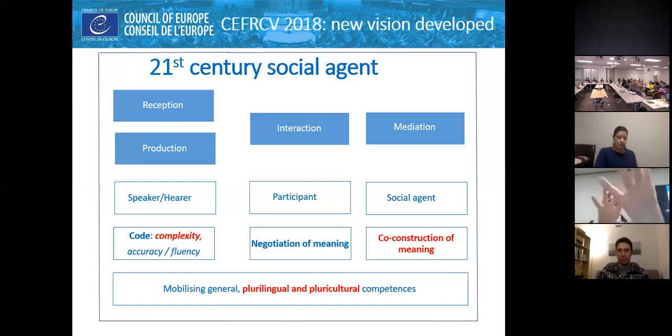That's not the same thing as getting on the same wavelength, negotiation of meaning, which is what interaction is about. And mediation is about the construction of new meaning, new concepts, new understanding, either for yourself or for other people, as a teacher, as a knowledgeable other, as a facilitator, as a mediator. And instead of just talking about mobilizing your linguistic competencies, you're talking about mobilizing your plurilingual and pluricultural competencies, your entire repertoire.